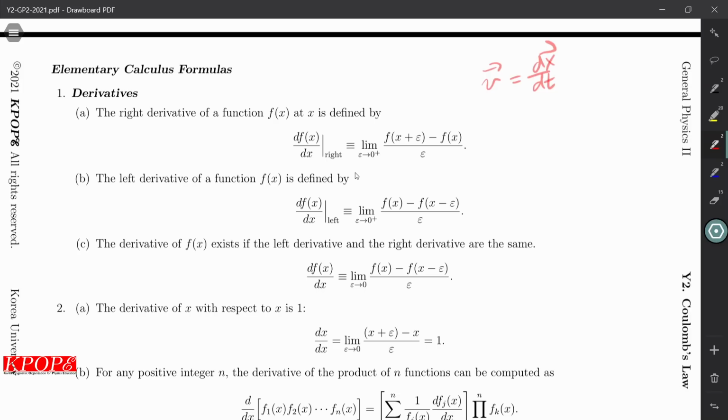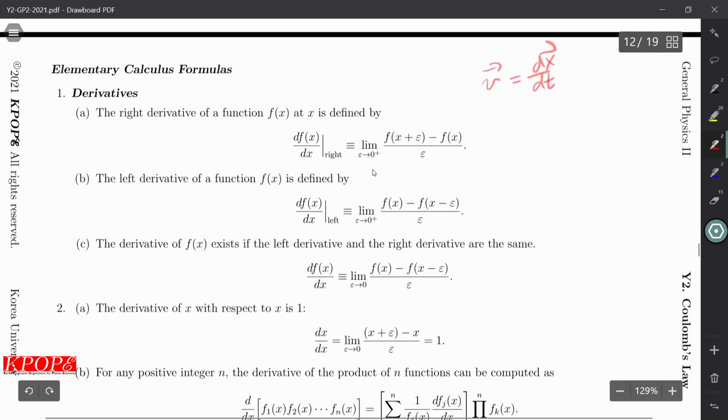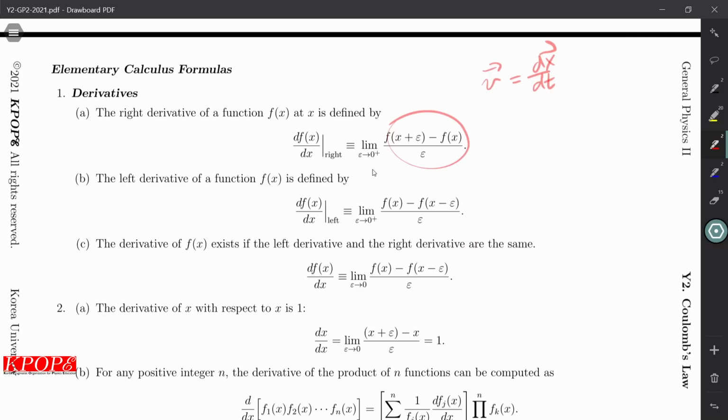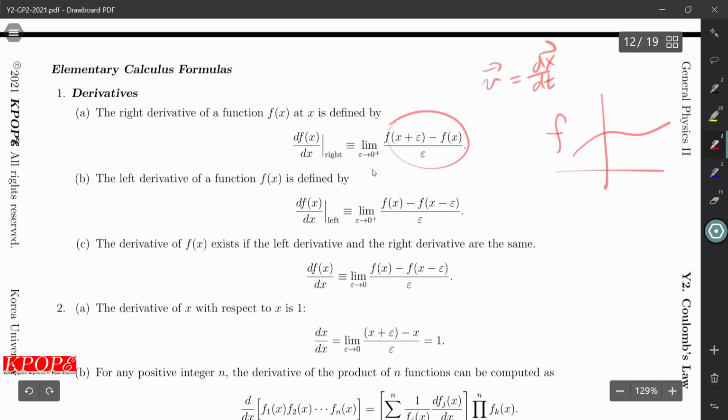We have additional derivatives in the future. Basically, derivative is defined by the limit of this ratio. Given a function f and a value of x, we have a positive, infinitesimally small epsilon. So we have x plus epsilon.